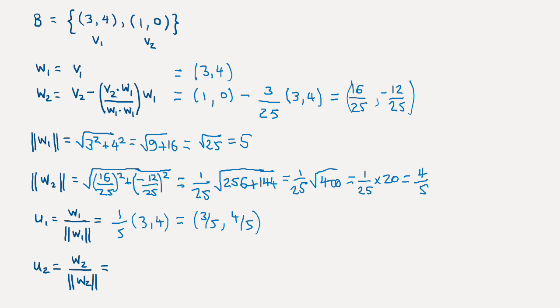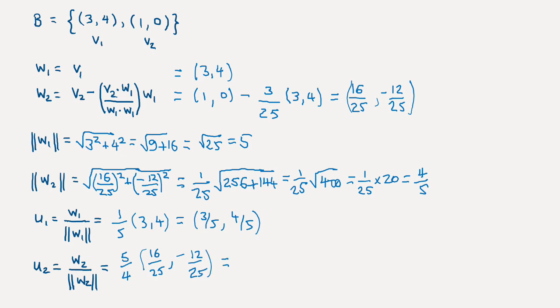And then for u2, we've got 1 over 4/5. So let's just simplify that to 5/4. And then we'll have (16/25, minus 12/25).